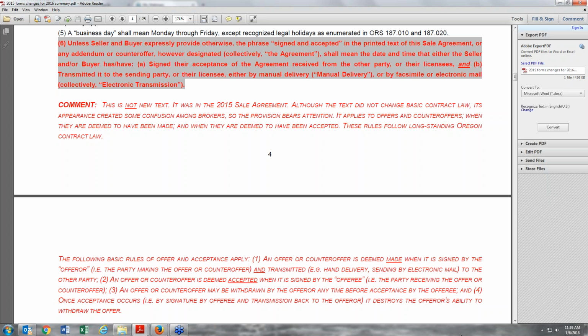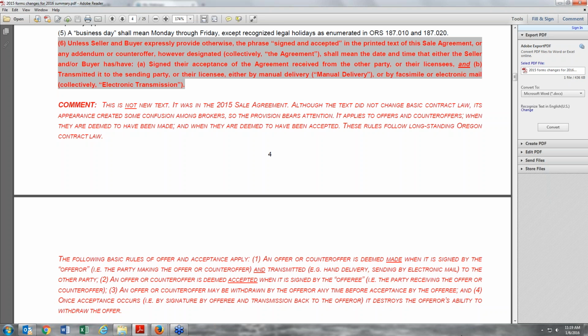In other words, even though the buyer doesn't know that their offer has been accepted, if the buyer attempts to withdraw their offer and it's already been transmitted, the buyer cannot do that, and it's become binding on the buyer because the seller transmitted.